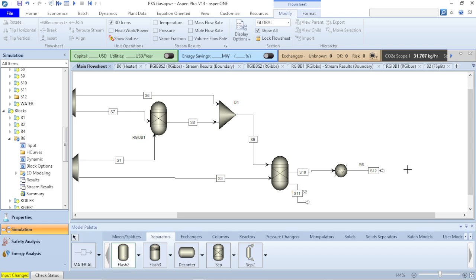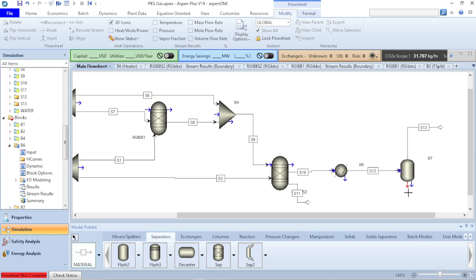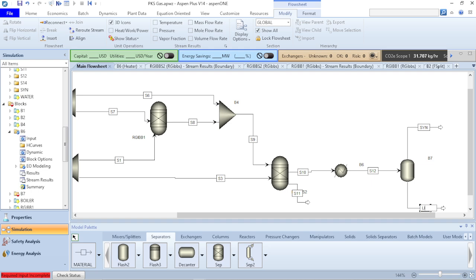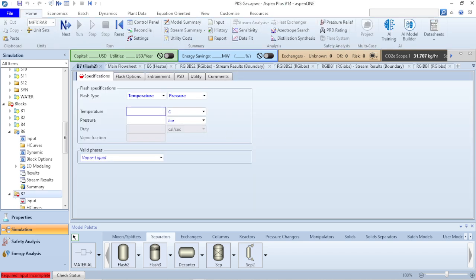Let's just make use of the two-outlet flash because we're just trying to remove the gas from the liquid. I can name this SYN, and then I'll name this LIQ, liquid. Coming here, put this at 25 and 1 atm.